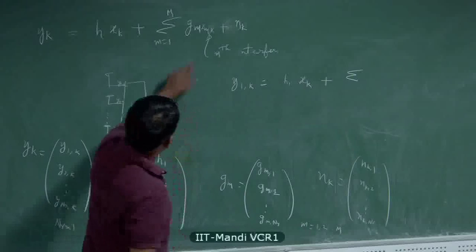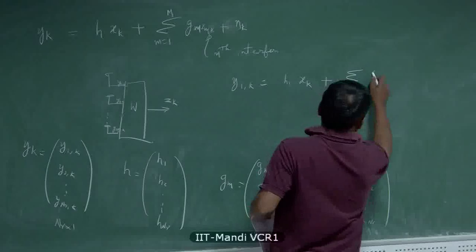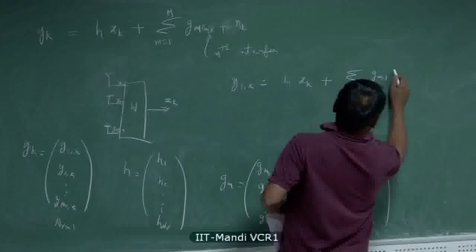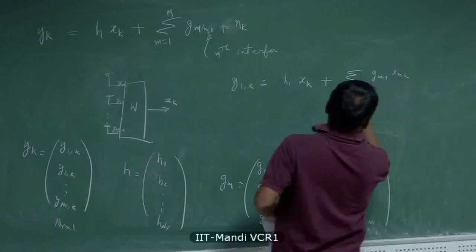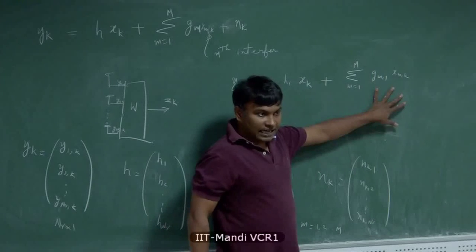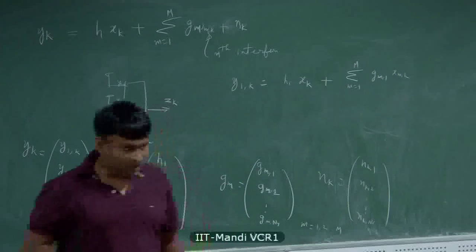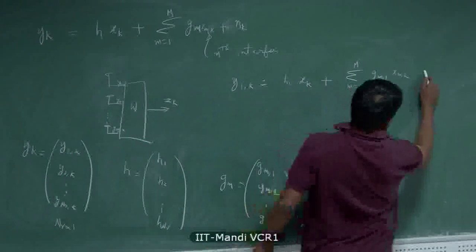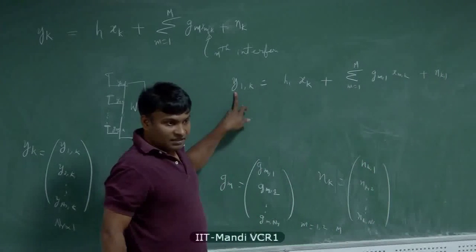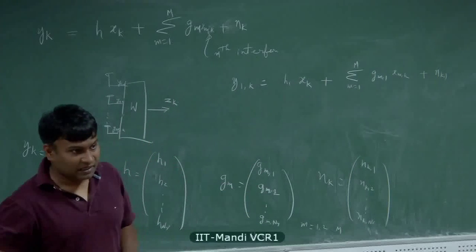And you have the sum of GM1 XMK for M equal to 1 to M. There are M interferers collected on the first antenna with gain GM1, plus additive white Gaussian noise NK1. This is the model for the received signal collected on the first receive antenna.